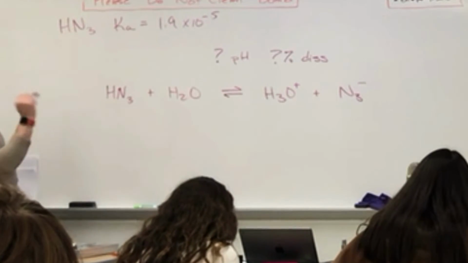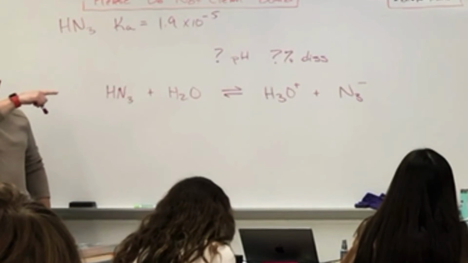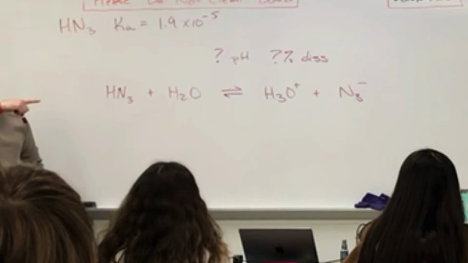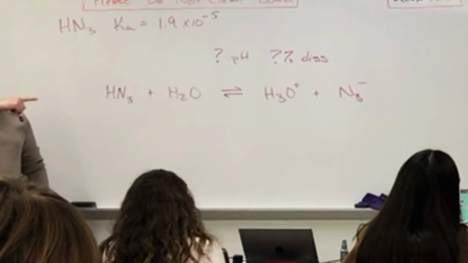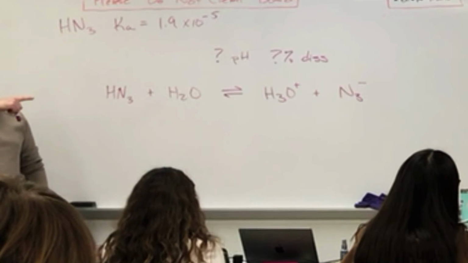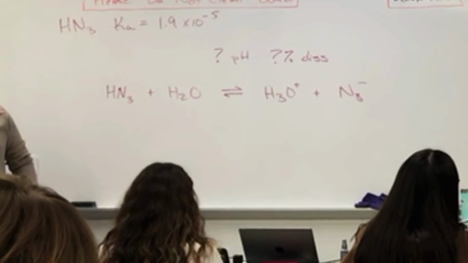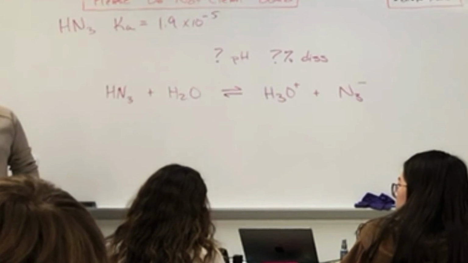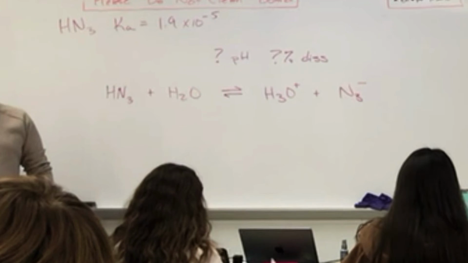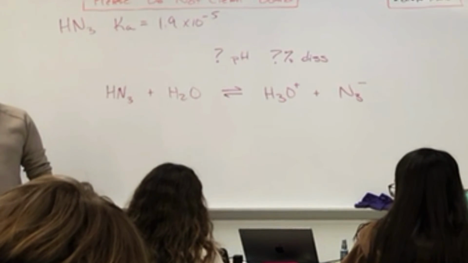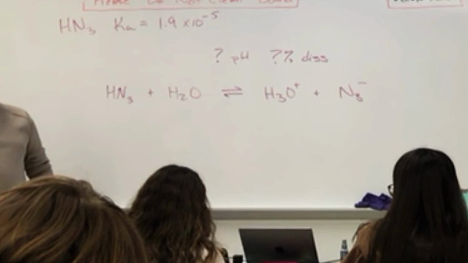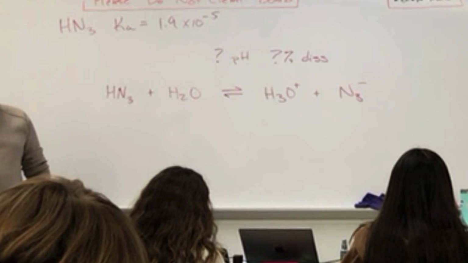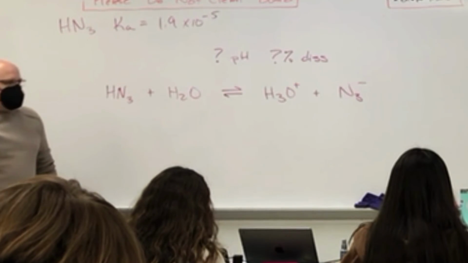Now, we've got 0.55 moles of hydrazoic acid, correct? But what's the molarity? It was 0.75, but we've reacted some of it with the base. 0.55, why? Because it reacted. But why is it going to be 0.55? You have to subtract the 0.20 OH.